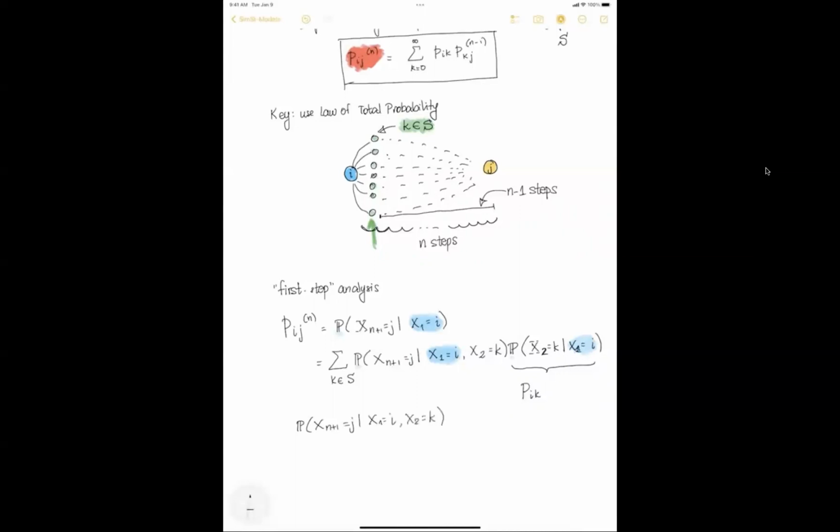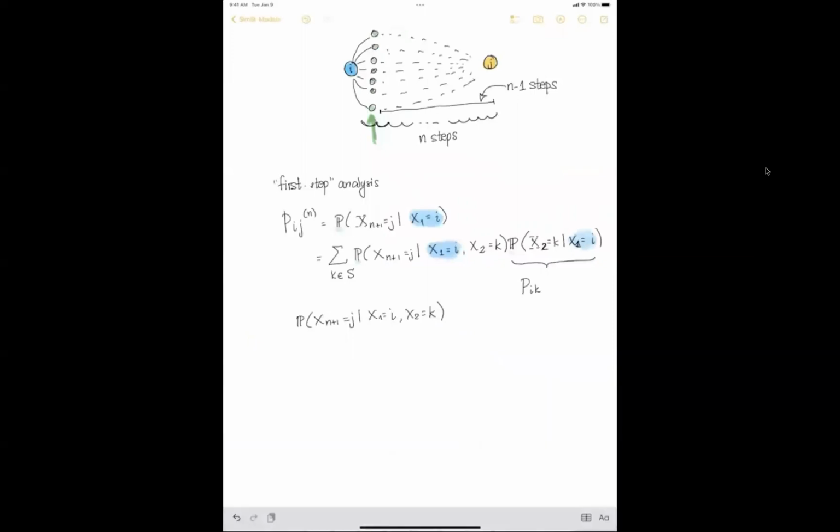Now we use the Markovian property. The Markovian property tells us that if we condition on all the past, then it is the same as conditioning only on the present. So basically, it is memoryless, so the past is forgotten by the Markov chain. It doesn't change the calculation.